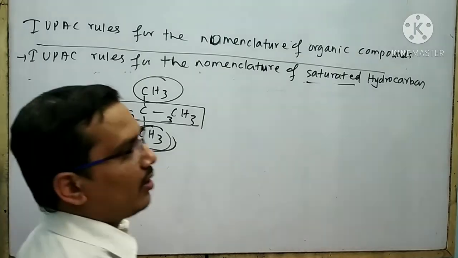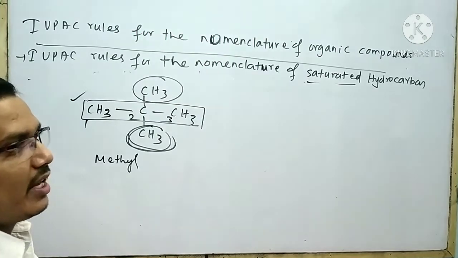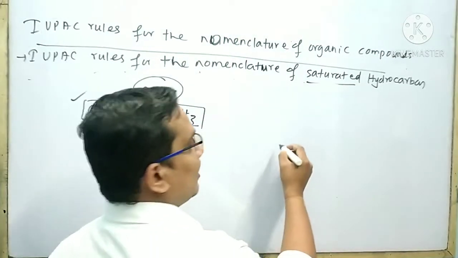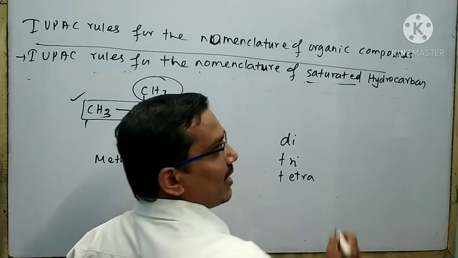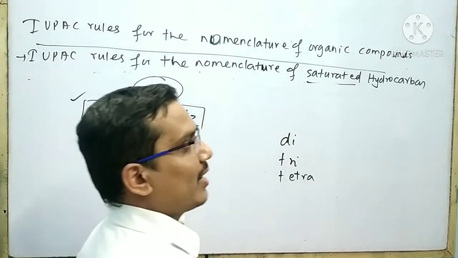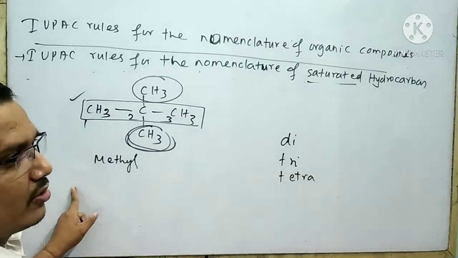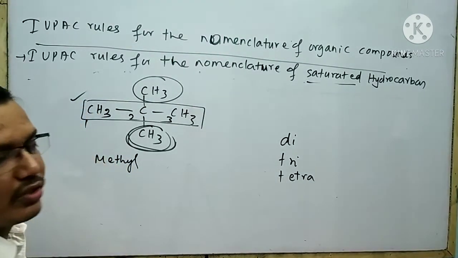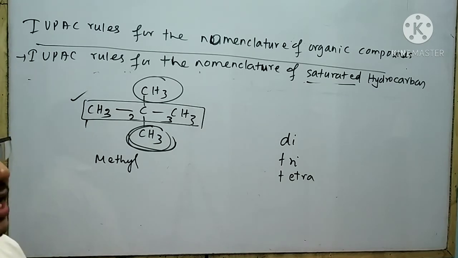Remember an important rule: if the same substituent or side chain occurs more than once, then the prefixes di, tri, tetra, etc. are attached to the name of the substituent. Also remember, the positions of the substituents are indicated separately and the numerals representing their positions are separated by commas.